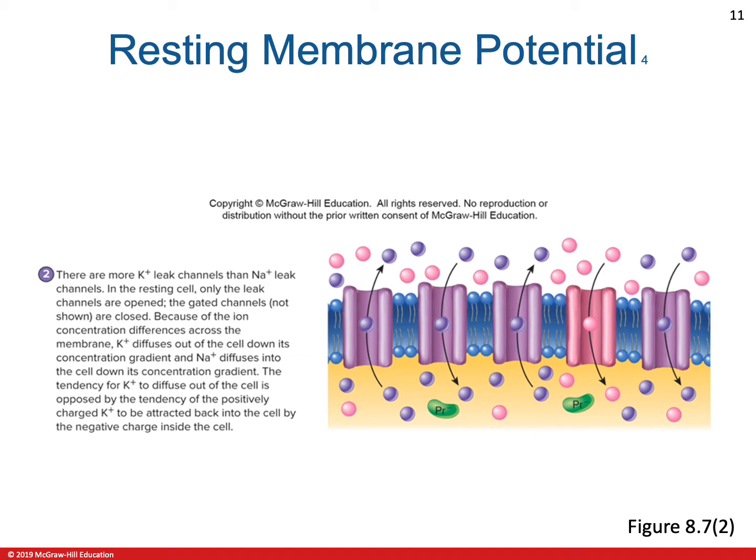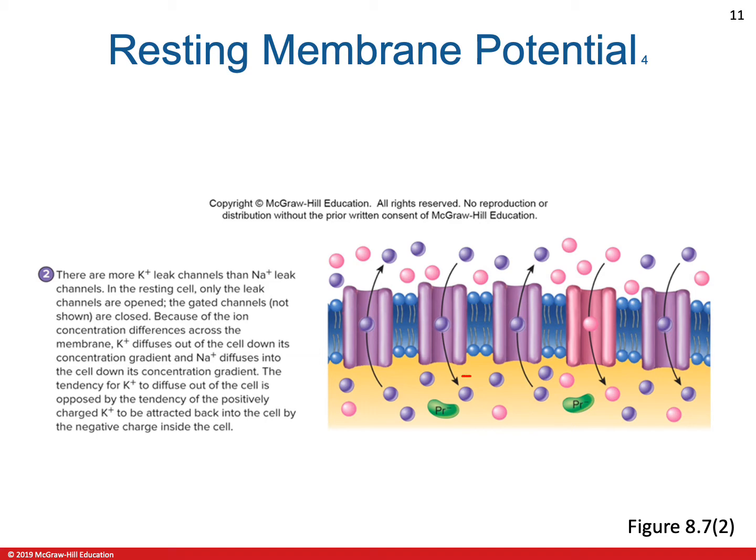Okay, because of the ion concentration difference across the membrane, potassium diffuses out of the cell down the concentration gradient. The tendency for potassium to diffuse out of the cell is opposed by the tendency of positively charged potassium to be attracted back into the cell by the negative charge inside the cell.